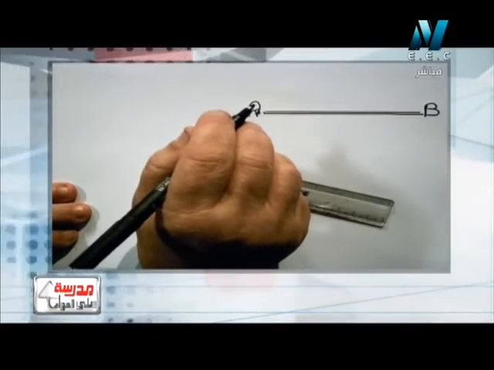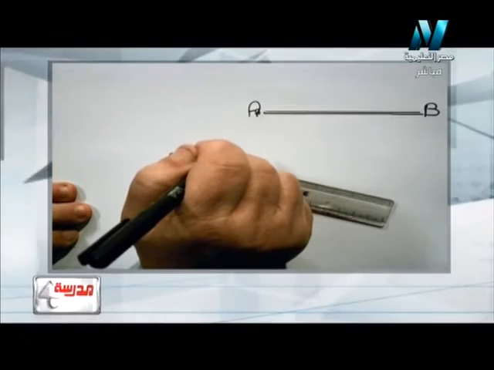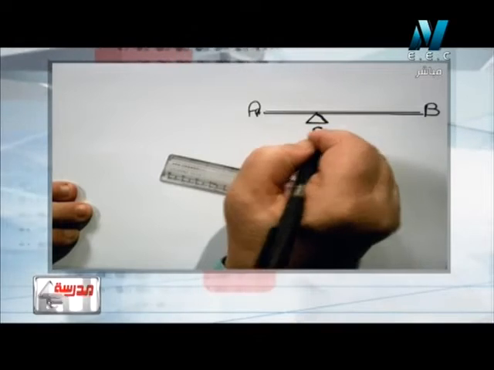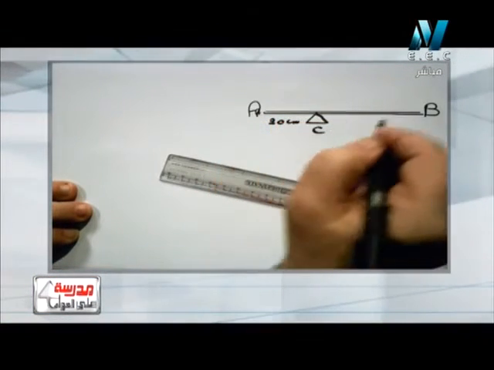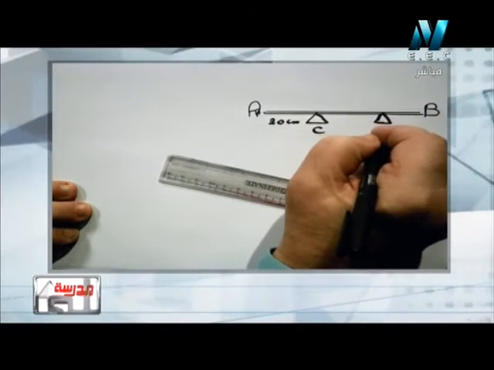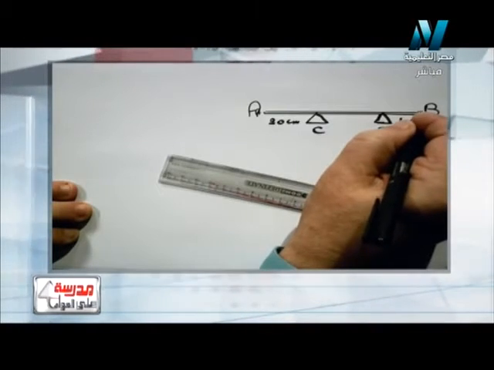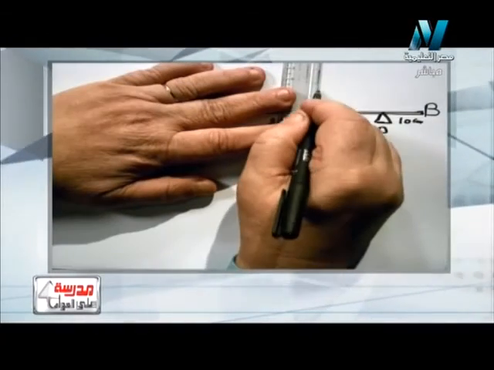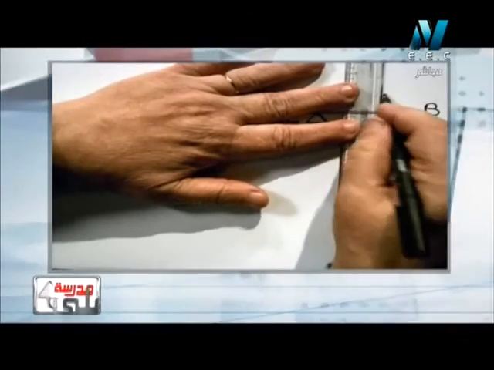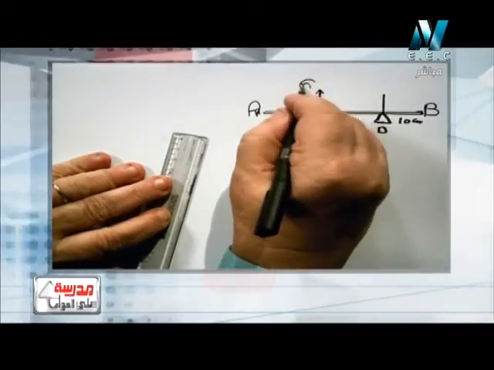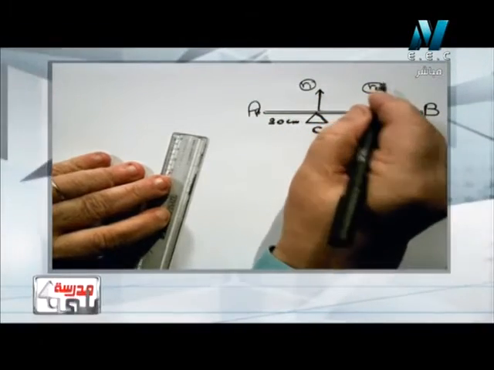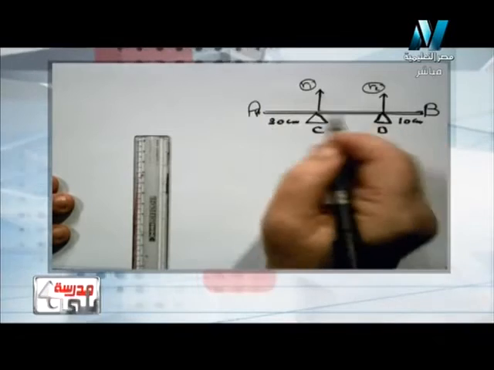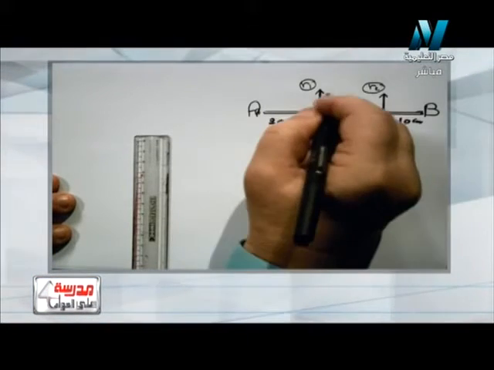It rests on two supports C and D where AC equal 20 سنتيمتر وBD 10 سنتيمتر. يبقى AC 20 سنتيمتر وBD 10 سنتيمتر. طبعا هنا هيبقى عندي على طول اوتوماتيك، يبقى انا هنا رياكشن R1 و R2. كله كان اوف لينس 1 متر يعني 100 سنتيمتر، دول 30 سنتيمتر، يبقى في الجزء بين C وD 70 سنتيمتر.